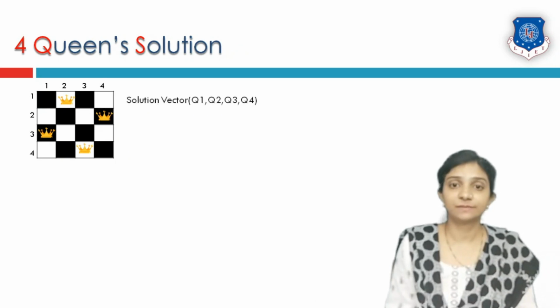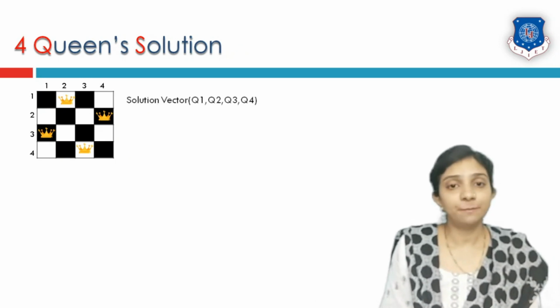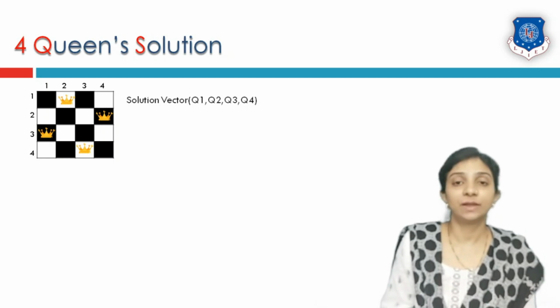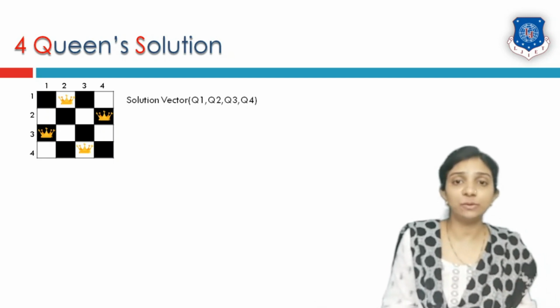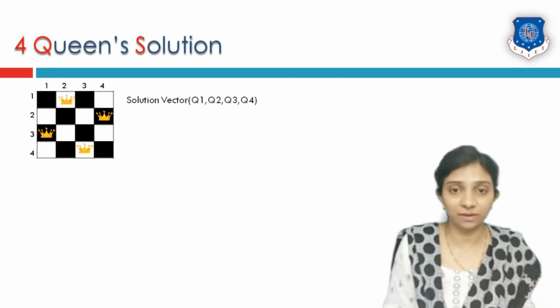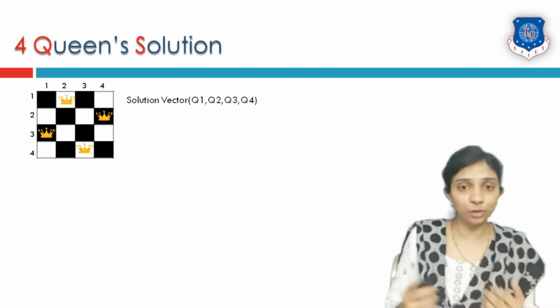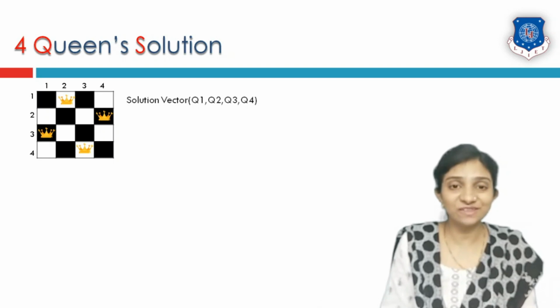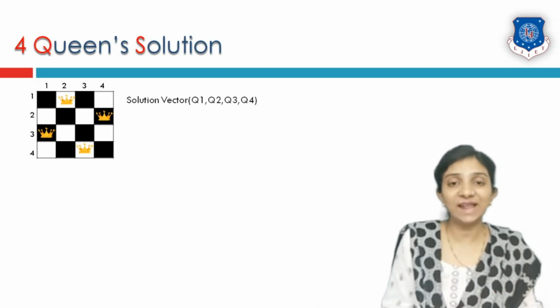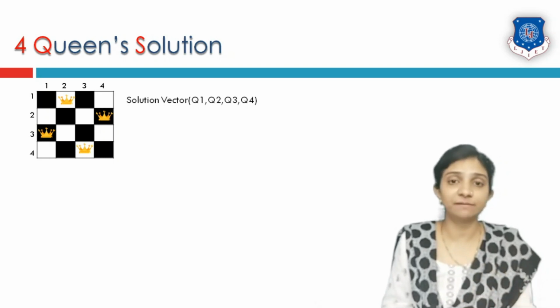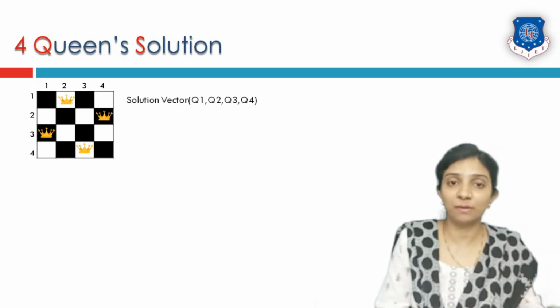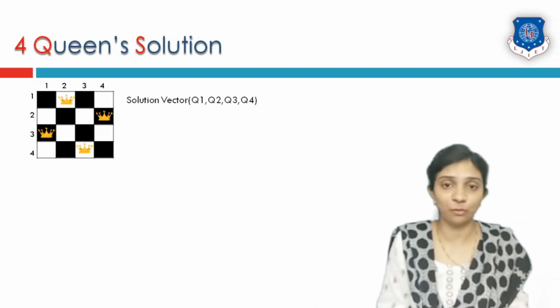Now from this, we are going to build up the solution vector. Now the solution vector for n queens consists of n components. Since this is a solution vector of the 4 queens problem, it will consist of 4 values, that is queen 1 followed by queen 2, comma queen 3 and queen 4.